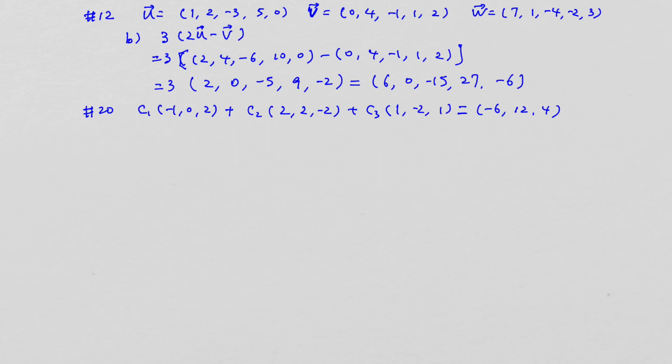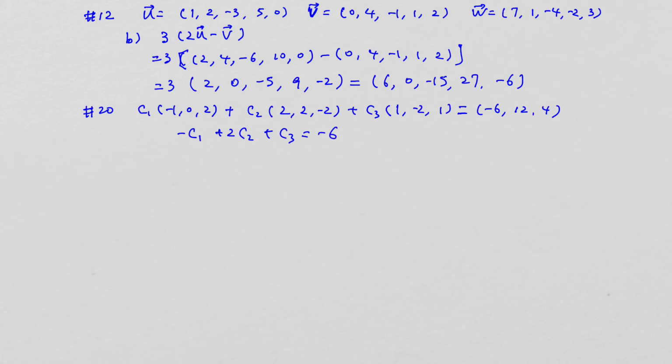So you take this one, add to this one, add to this one, will equal that. So negative C1 plus 2C2 plus C3 equals negative 6. So that's your first equation.